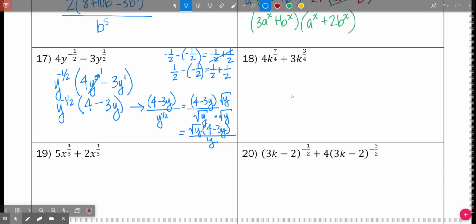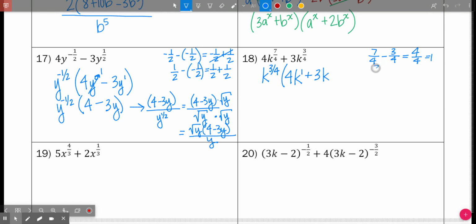Number 18, I'm going to factor out the smaller exponent. So k to the 3/4 power is my smaller exponent. So this gives me 4k. I have 7/4 minus 3/4. That's 4/4, which is 1, plus 3k.